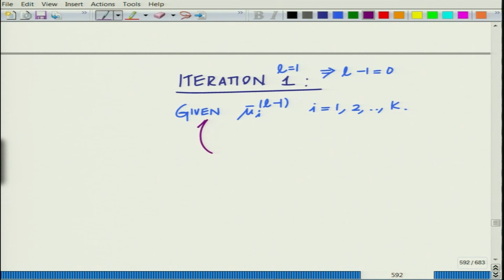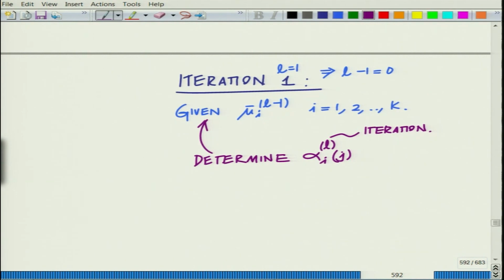Now, determine alpha I j, the assignment in the lth iteration. This is, remember, and to begin with, in this iteration L equal to 1.